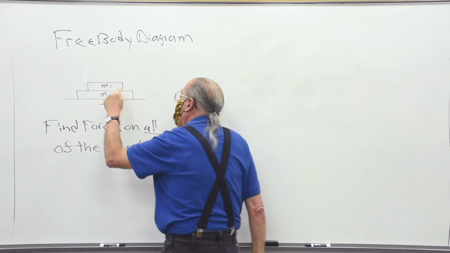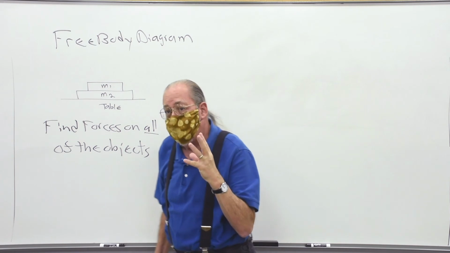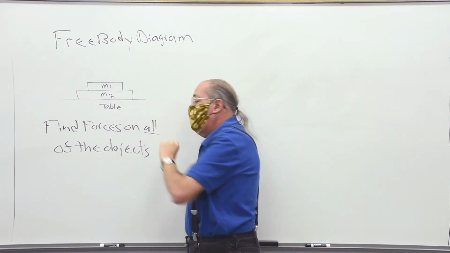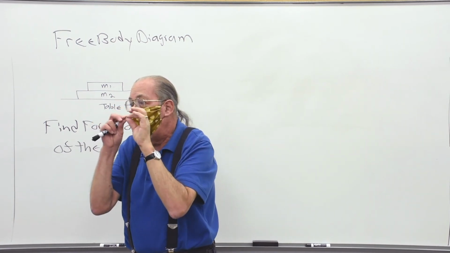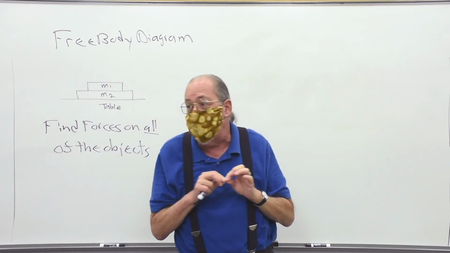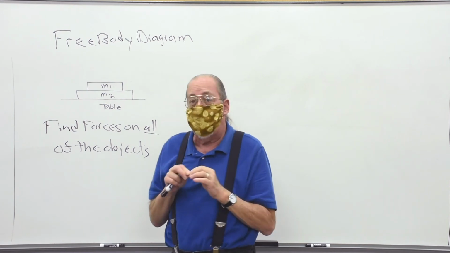We are going to assume, for the moment, and this is a huge simplification, but don't worry, we will change it, that the books are point masses. They're just dots. And what this says is, we don't care where the force is applied. Not yet. Later on, where the force is applied will make a difference.